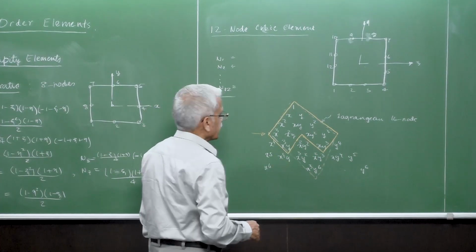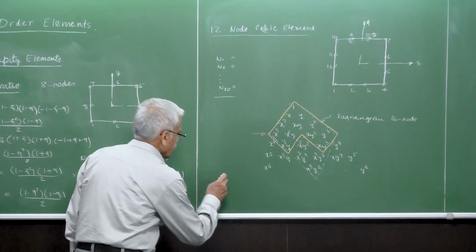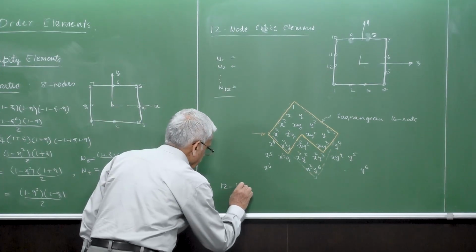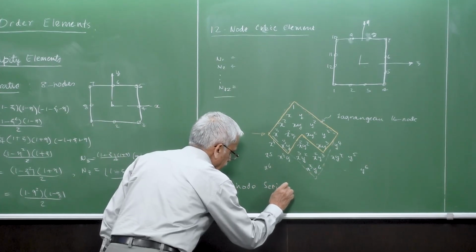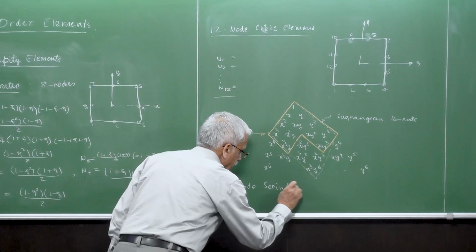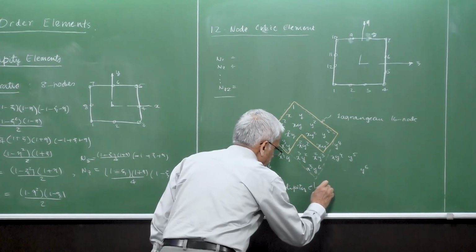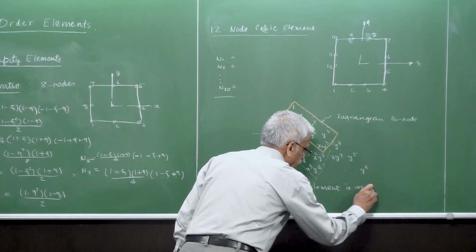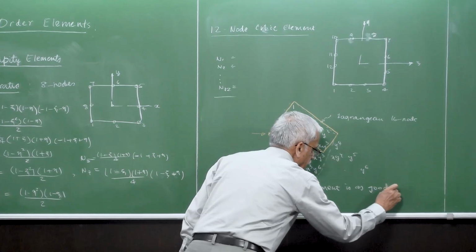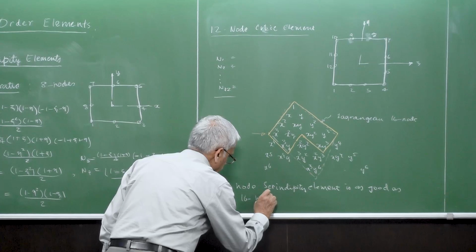So that way, this 12-node serendipity element is as good as the 16-node Lagrange element.